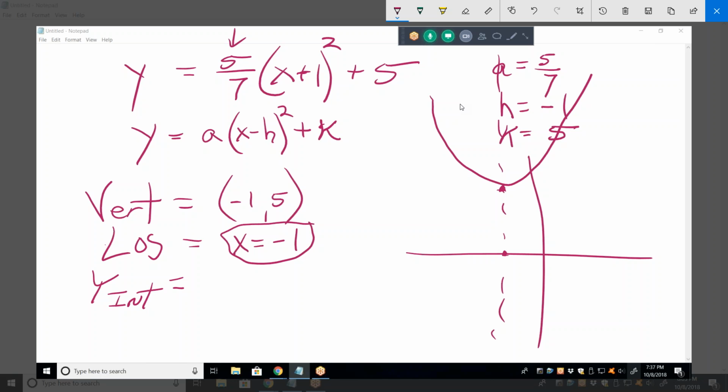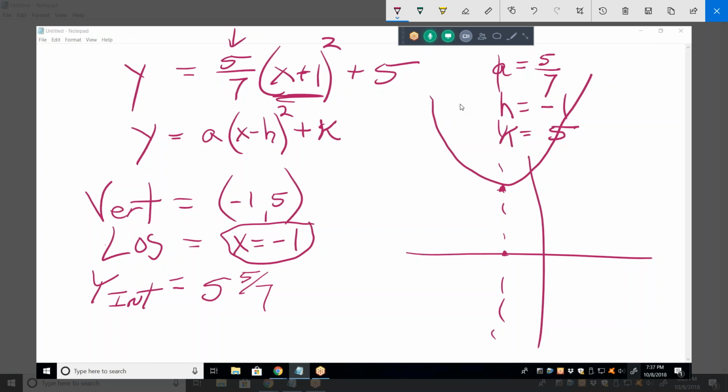So I substitute 0 in for X in the equation. Okay. What do you get? So I get 5/7 squared plus 5. No, you're not squaring the 5/7. You're squaring that. That's the only thing you're squaring. So then I would get 5 and 5/7. Correct. That is the Y-intercept.